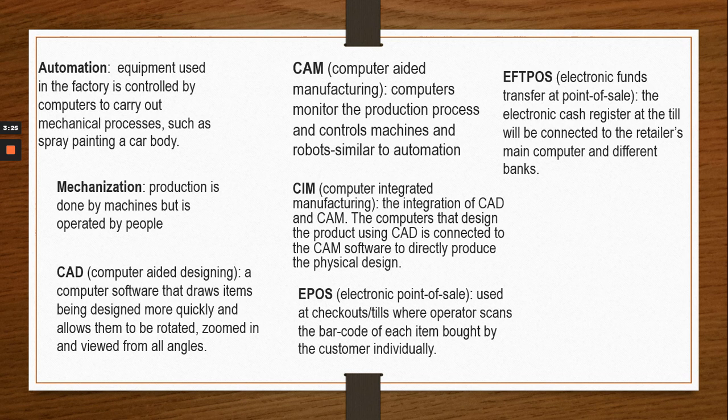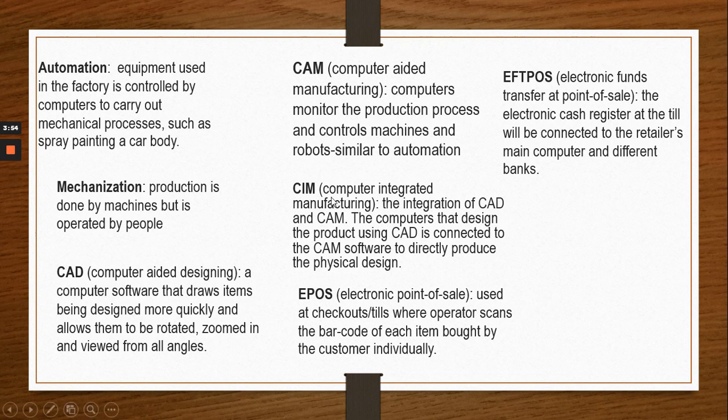So here, you use computers to design the products that you are going to produce, as I'm going to show you later. Then we have CAM, computer aided manufacturing. Here computers monitor the production process and they control the machines and robots, similar to automation. So that is CAM, computer aided manufacturing.